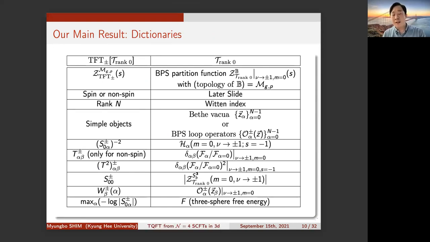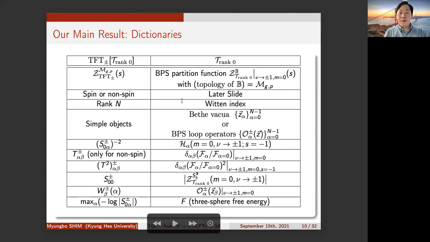For some reason, I omitted the part on spin or non-spin TQFT here. However, the basic structure is parallel between spin and non-spin topological theories.